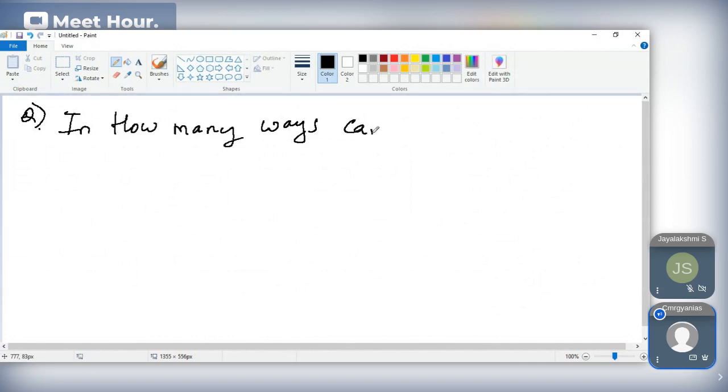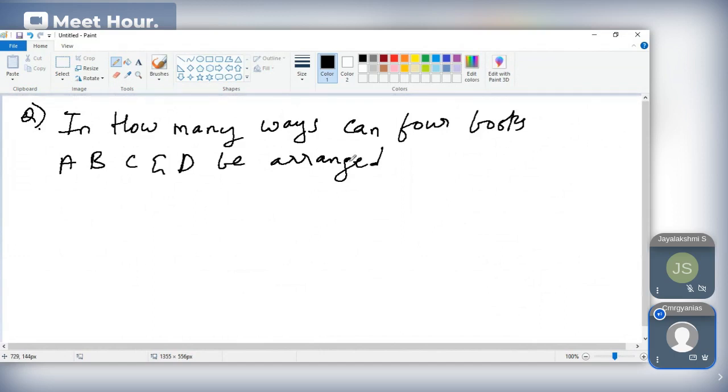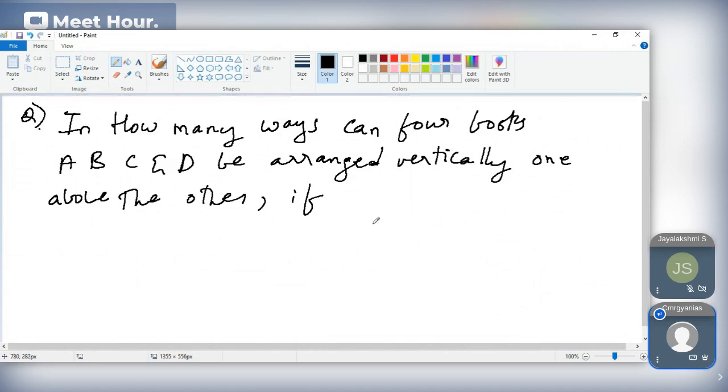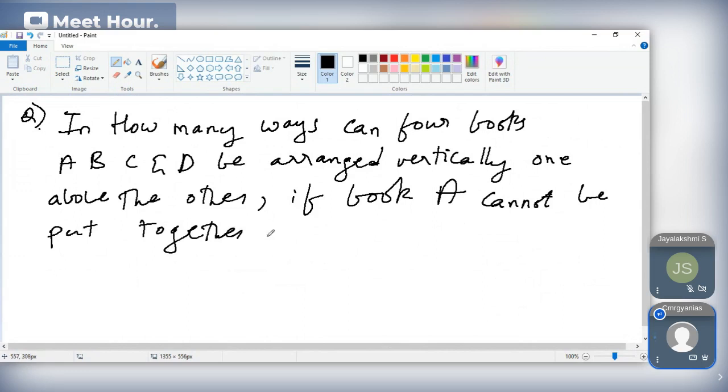In how many ways can 4 books A, B, C, and D be arranged vertically, one above the other, if book A cannot be put together with book B?